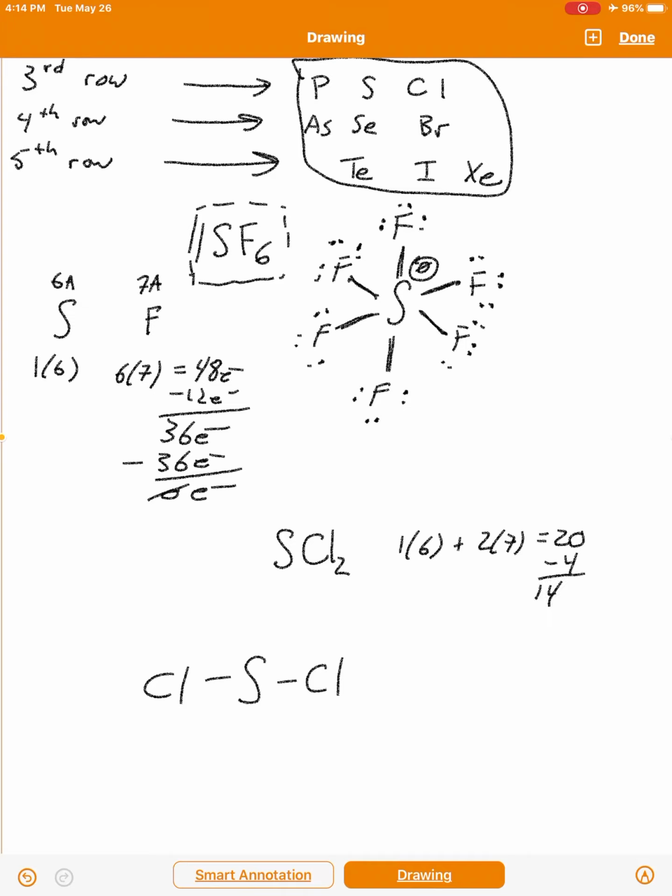So now we're down to 16, sorry. 2, 4, 6, get the surrounding atoms up to 8, 12, 14, 16. Here we have a nice octet. So it is the case that these elements can also be octet. It just depends on how many surrounding atoms they have. If they have a large number of surrounding atoms, it's quite possible for them to have an expanded octet.